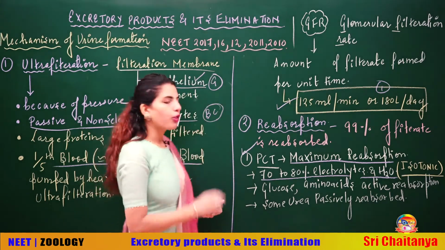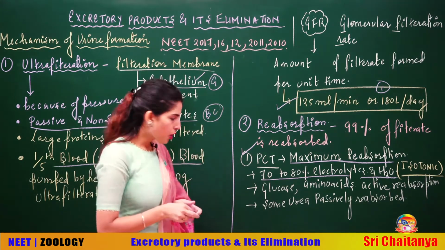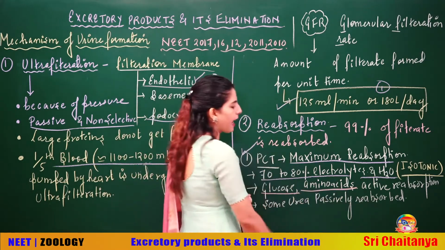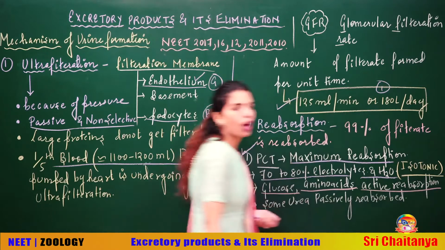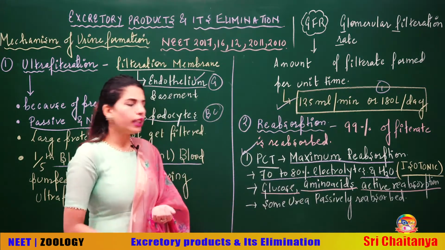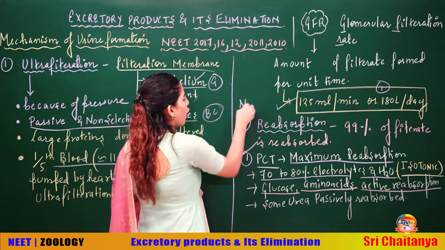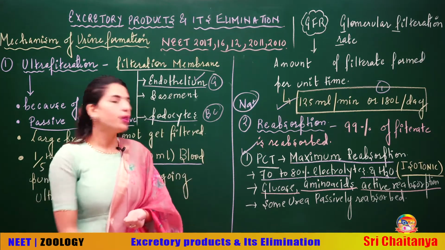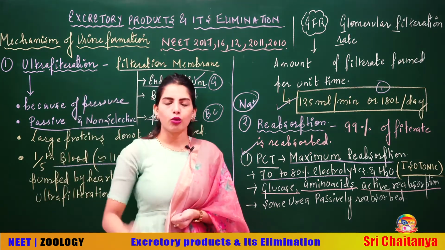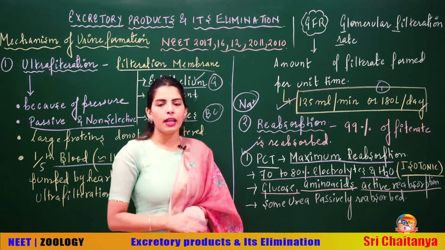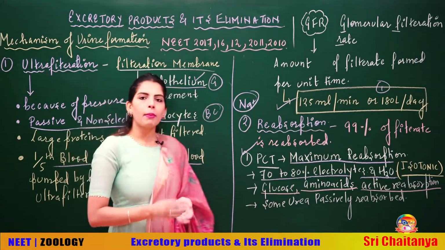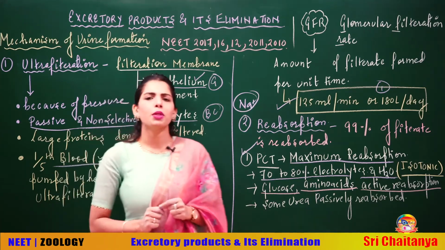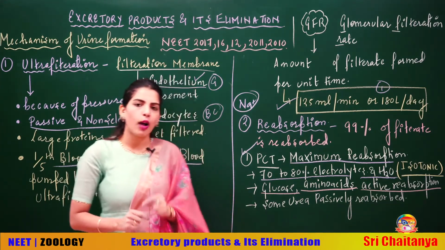Now talking about active and passive reabsorption, glucose, amino acids, I have written active reabsorption from PCT. Not only this, some ions like sodium ions are also getting actively reabsorbed from PCT. So glucose, amino acids, active reabsorption. Also some nitrogenous waste gets reabsorbed, but this reabsorption is quite passive.